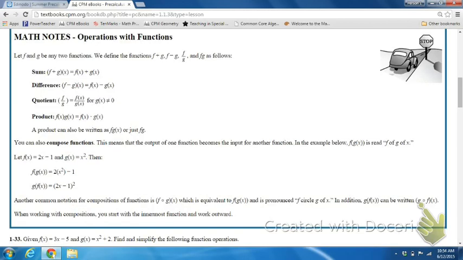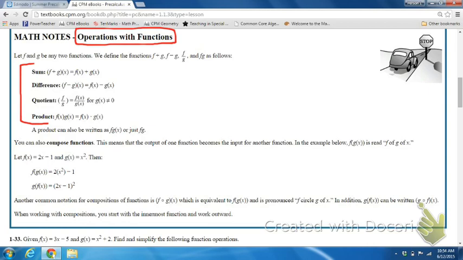Next, we're going to do operations with functions. So I think you guys saw these in Algebra 2 before. It's composite functions and then sums and differences and quotients and products. So operations with functions, we're just going to take two different functions and we're going to add them, subtract them, divide them, and multiply them, right? So make sure you write all of these down.